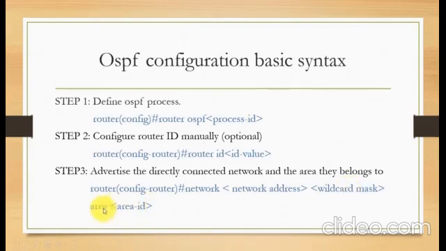And then the area. We know that the autonomous system is divided into different areas in OSPF, so the area ID is area 0, area 1, 2, like that. Then we are going to see the simulation of OSPF in Cisco Packet Tracer.